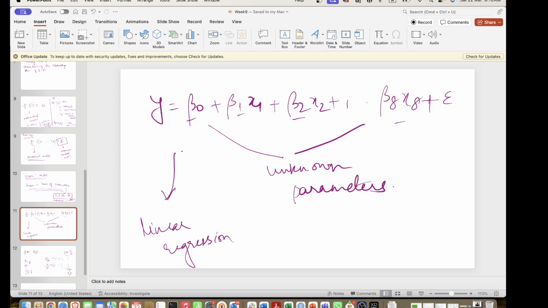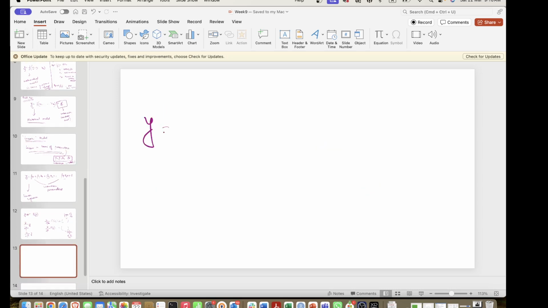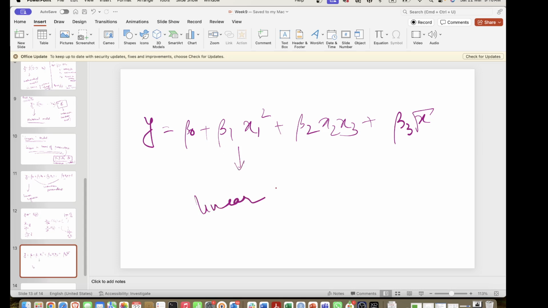So this is actually an example of a linear regression. So again, if I want to fit something like this, y equal to beta naught plus beta 1 x1 square plus beta 2 x2 x3 plus beta 3 root x, even this one is a linear model.